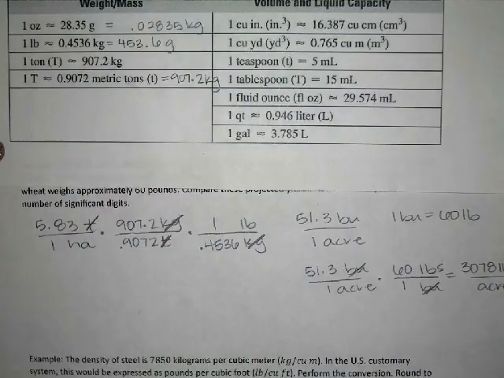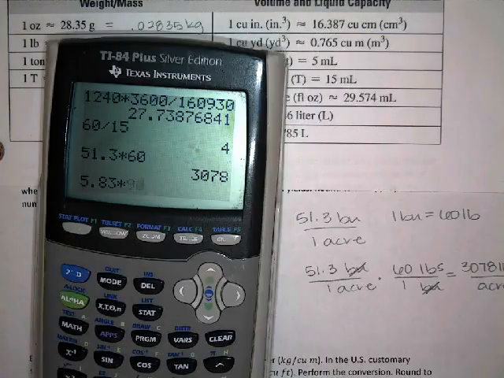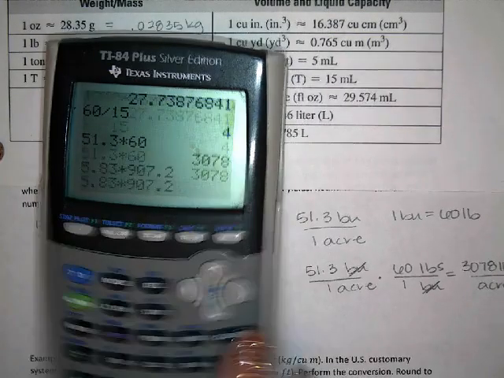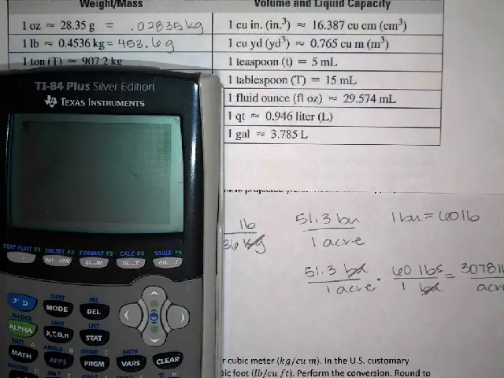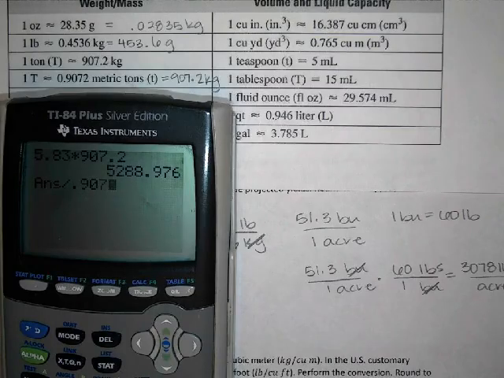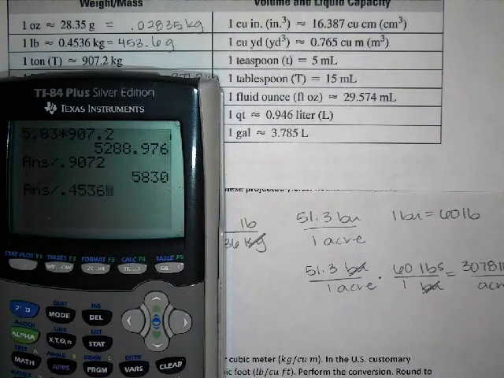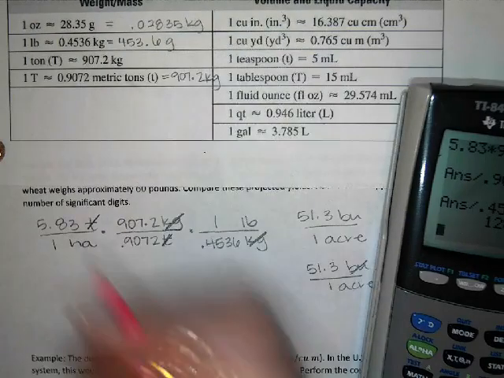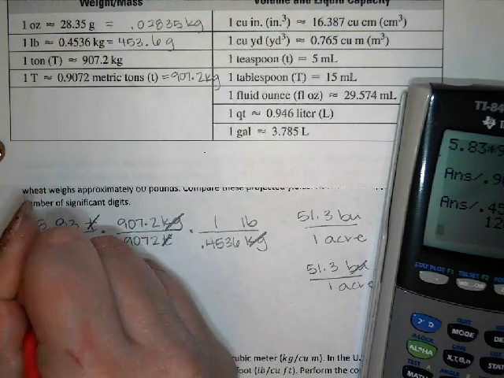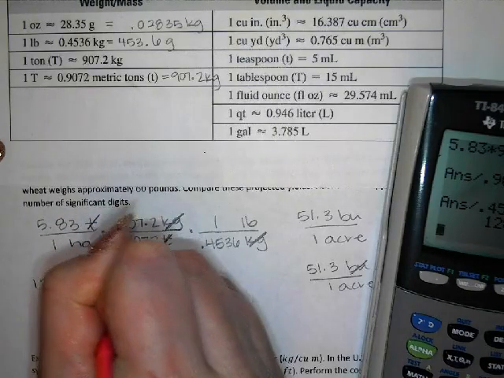Oh, I just lost it. Okay, 5.83 times 907.2 divided by 0.9072 divided by 0.4536. Okay, and now I'm going to convert this into acres.